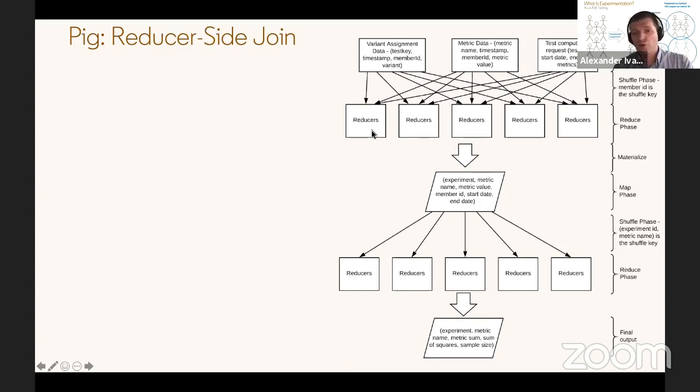Reducers would then join the data into large rows, materialize the output, and then start processing with a new MapReduce job, which would load all the data, shuffle it again by the grouping or sorting keys, load into reducers, and then reducers would produce just a few megabytes worth of output.